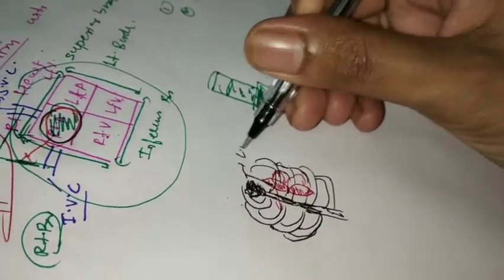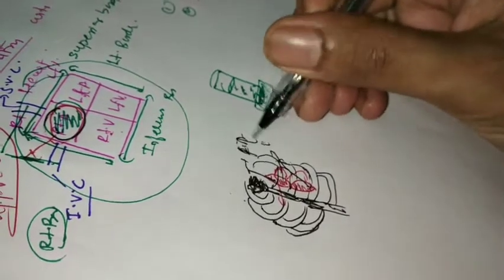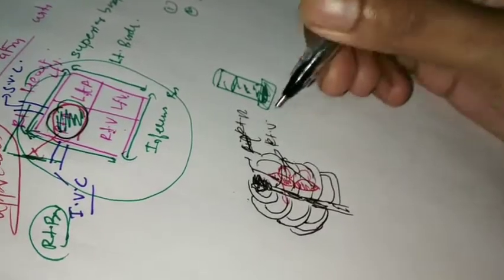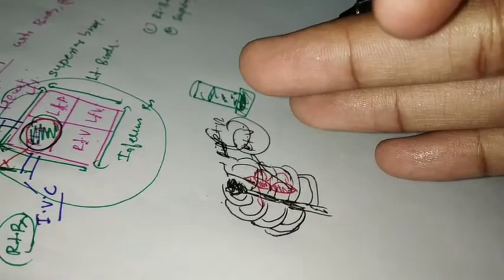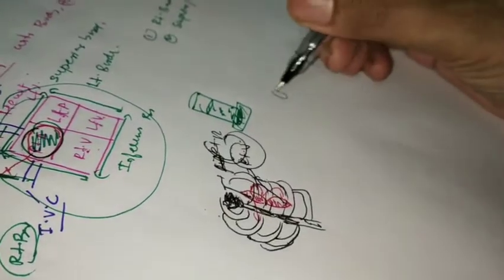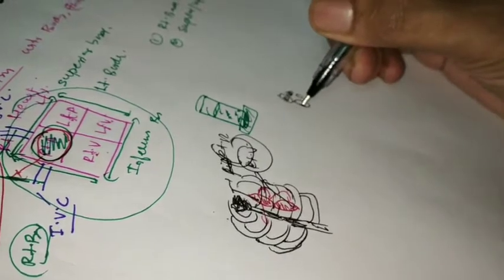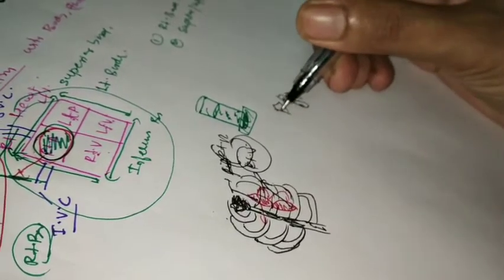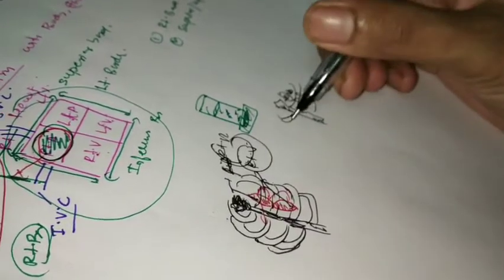I just want to say that the right atrium and your right ventricle, both are facing anteriorly. This is the right atrium, right ventricle. So this will face your sternum as well as your ribs.